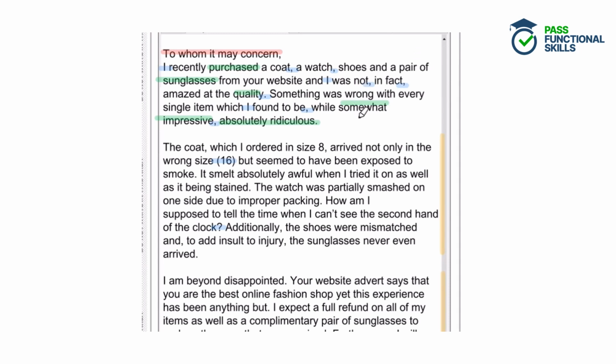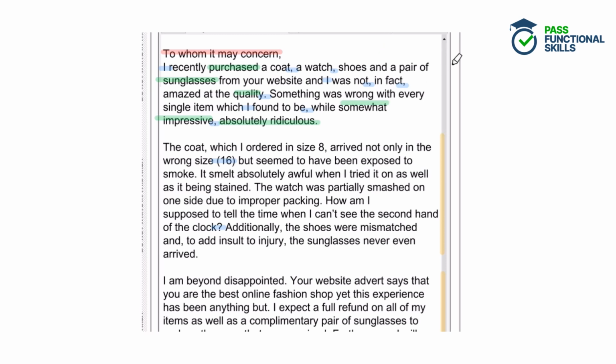Furthermore, we have some paragraphs. So you need to use paragraphs in every single answer that you write to ensure that every answer has a clear structure. Each paragraph should introduce a new idea or topic, and each paragraph should play a slightly different role within the text.